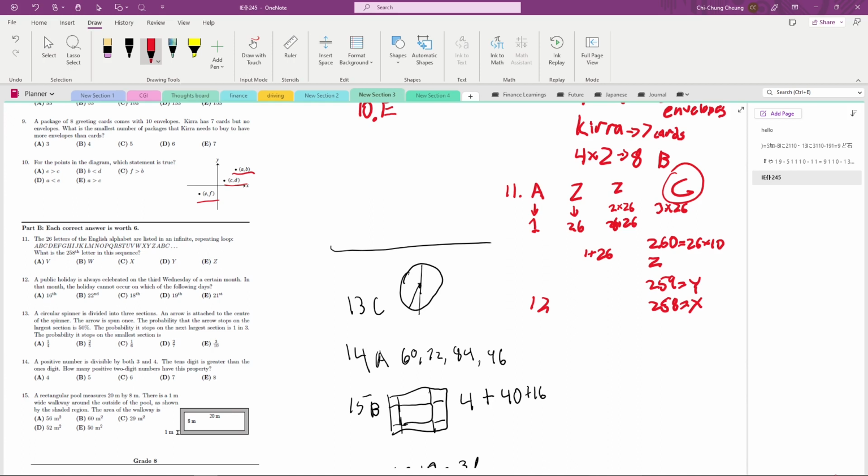So we want to find the minimum it can be and the maximum it can be. One of the extremes is if the first Wednesday is exactly the first day of the month, so that will be Wednesday here, and then the next week 7 days will have passed.